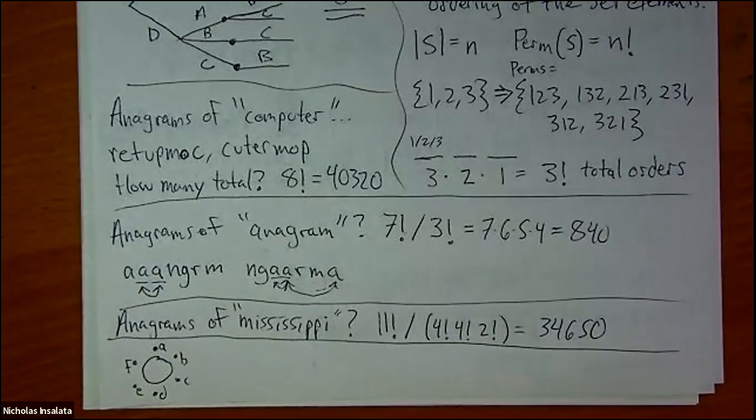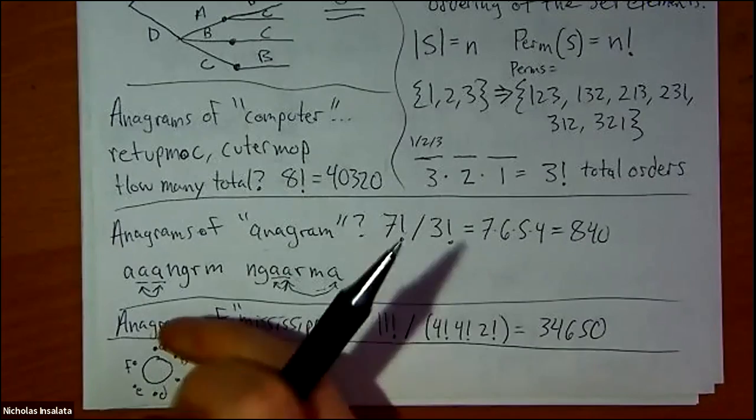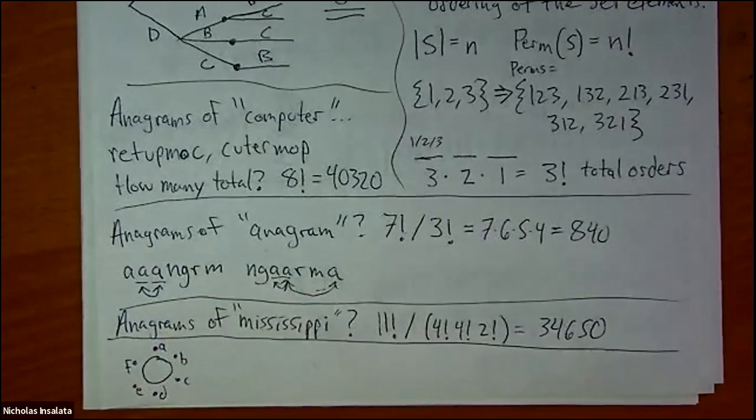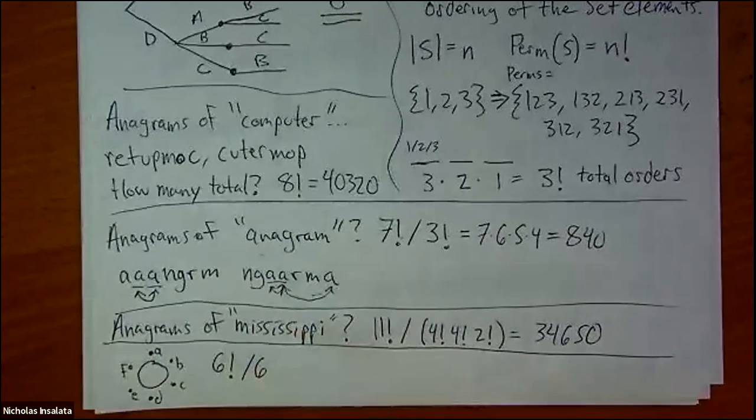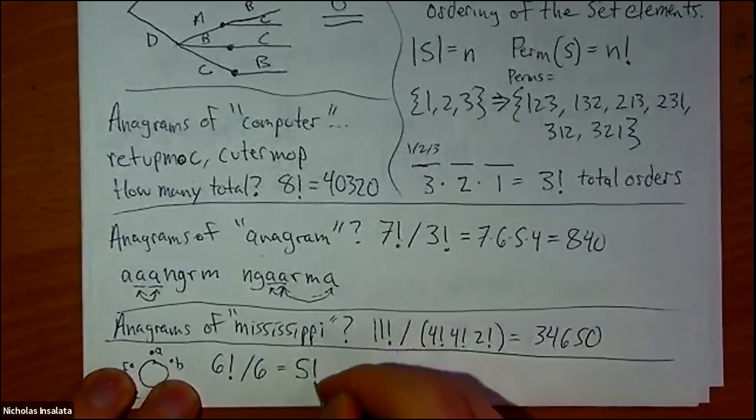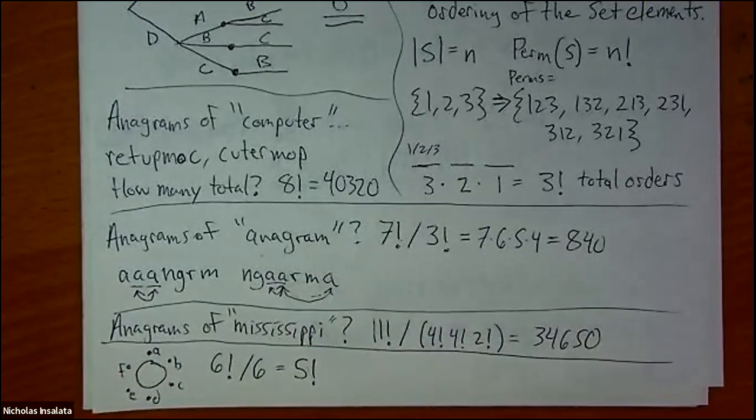Everyone would still be sitting next to the same people, but the whole arrangement would be rotated. So another way of thinking about it is 6 factorial divided by 6, because there are 6 factorial total possibilities, and for each possibility there are 6 different rotations that are pretty much the same thing. Which of course is 5 factorial. Nice. Any questions about that? Does that look good?